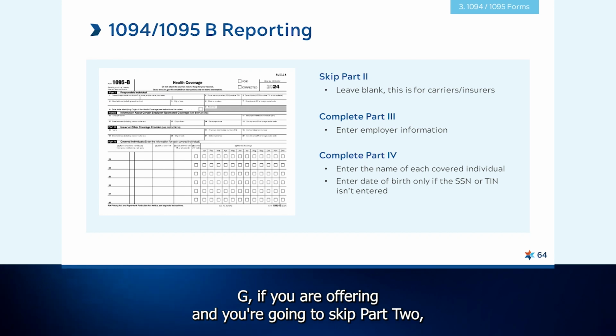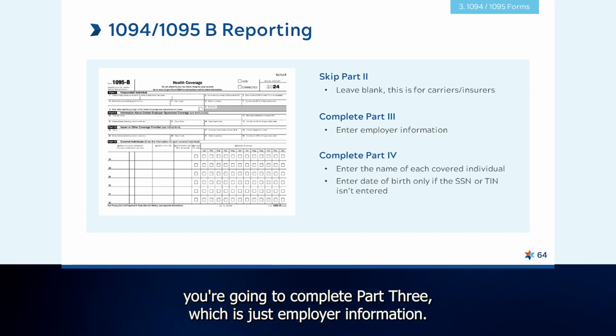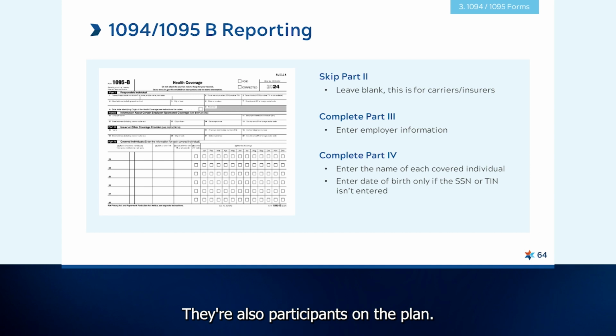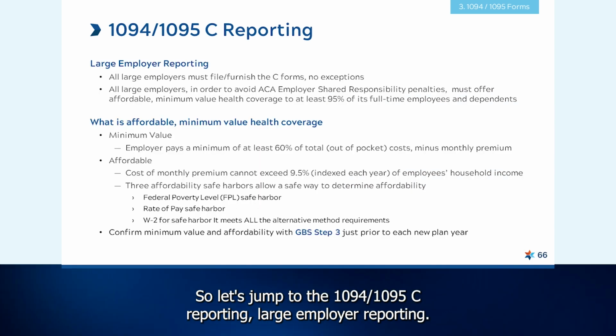You're going to skip part 2. You're going to complete part 3, which is just employer information, really simple. And part 4 is where you enter the name of the covered individual and all their dependents that are also participants on the plan. So really super simple. So let's jump to the 1094, 1095-C reporting.